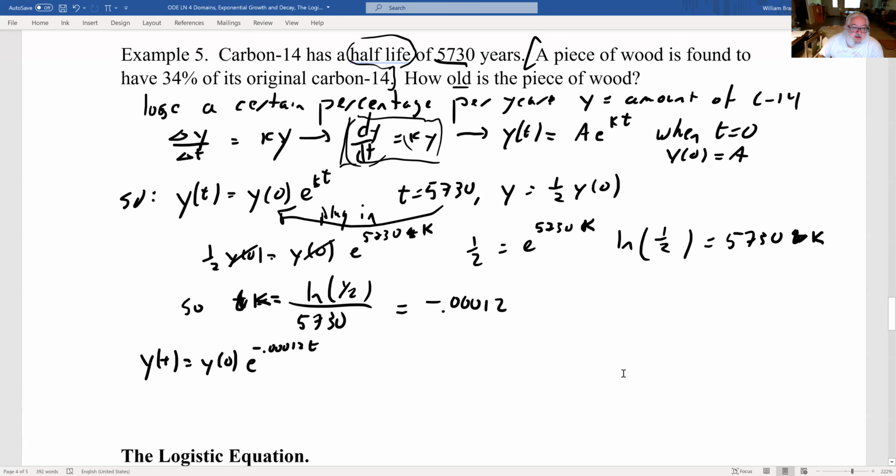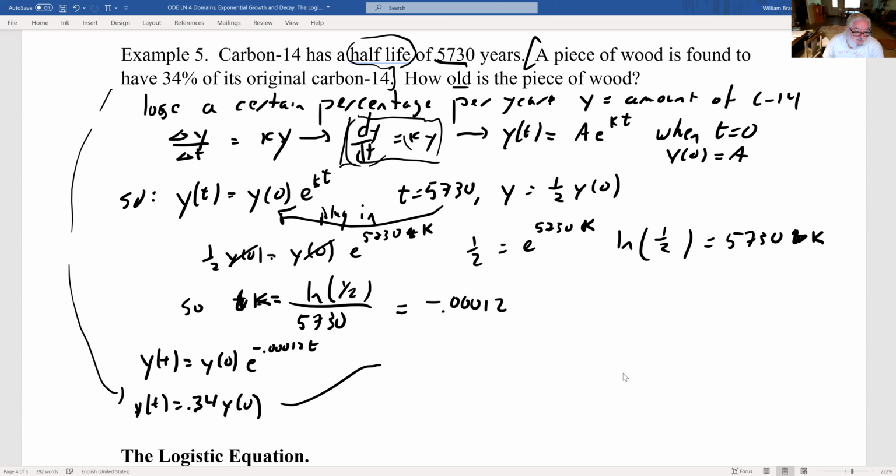Now, a piece of wood is found to have 34% of its original carbon-14. How old is the piece of wood? So 34% of its carbon-14 means that we've got 0.34 times y of 0. So the amount of carbon-14 I have is this much, and that should be equal to this equation.